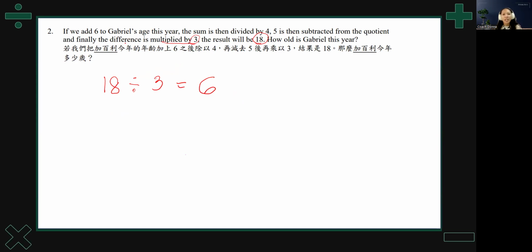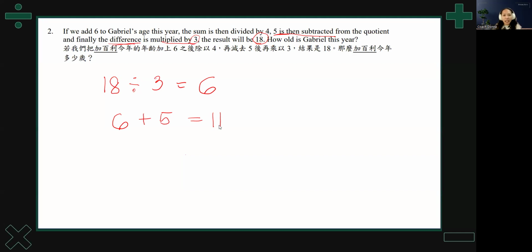The difference was what we got when we subtracted 5, so do the opposite: 6 plus 5, which is 11.